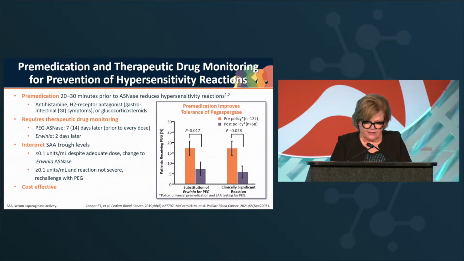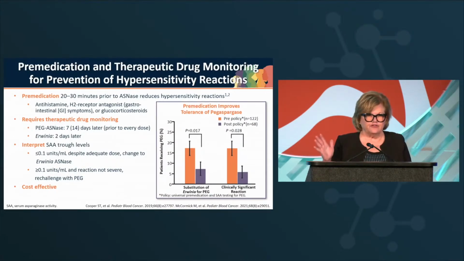So you can see here that pre-medication improves the tolerance of asparaginase. The first column is patients that had a reaction to their PEG, and then they were switched to Erwinia. And then you can see the second column where we actually did pre-medication, and you can see here that pre-medicating does improve the tolerance of PEG asparaginase.